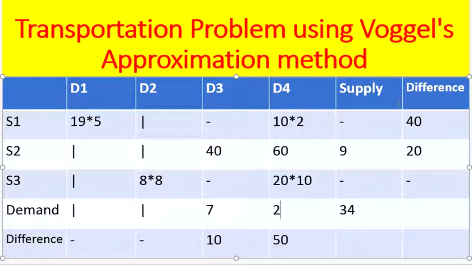So see, the next remaining elements are 60 and 40. So calculate the difference again. First column difference, second column difference, and the third one is only a single element, so there is no difference.